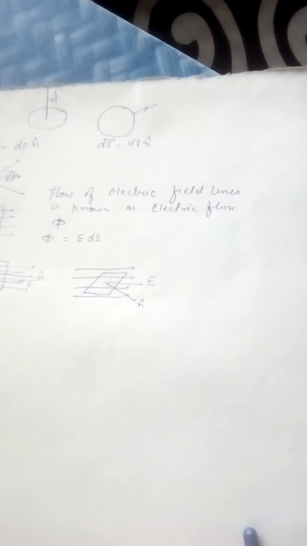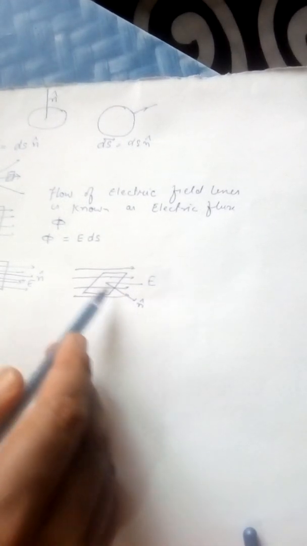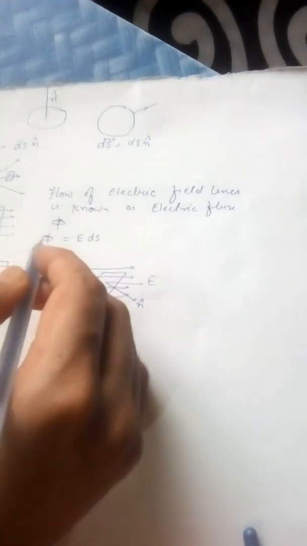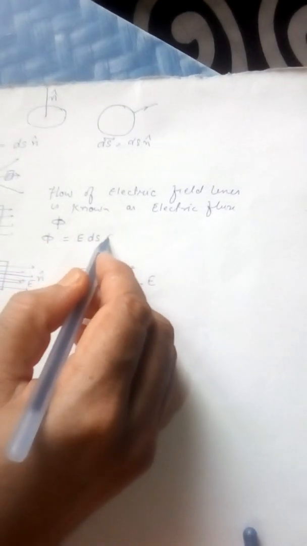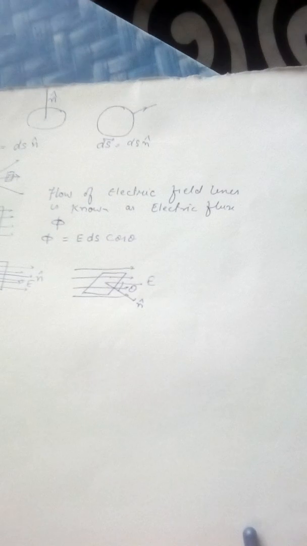Means if you are changing the angle between the electric field and normal, then the flux also changes. So we introduce one term, cos theta. What is theta here? The angle between the electric field and the normal to the area, normal to the surface, that is the direction of area vector.